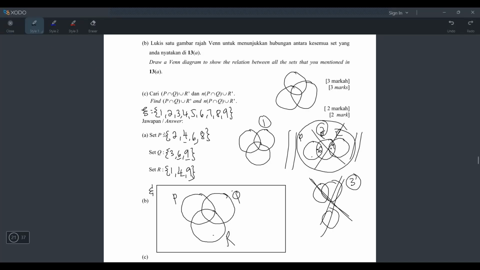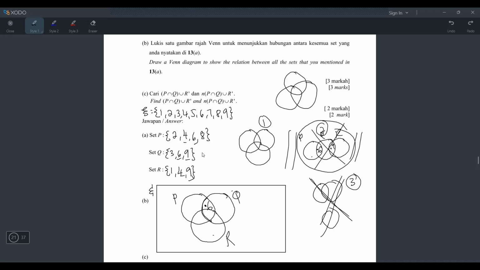So now we will try to list down all the elements. First thing first, if we look at this part, this is the PQ intersection. PQ intersection is 6, so I'll write 6 here. But I cannot write the 6 in the middle, because there is no element that all 3 sets have.